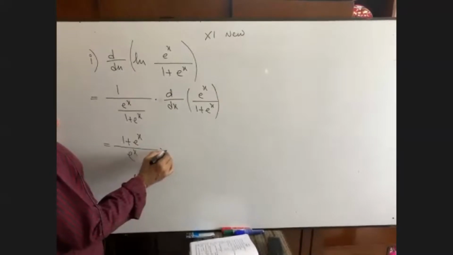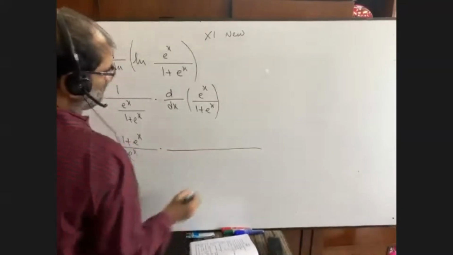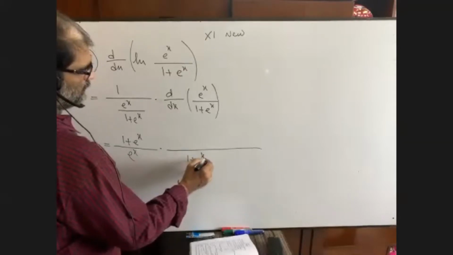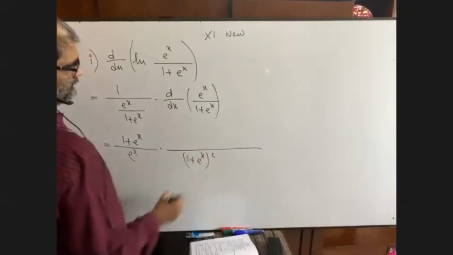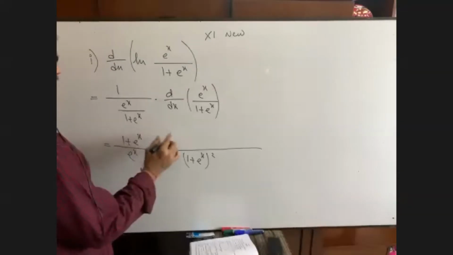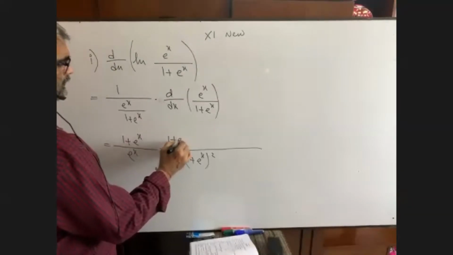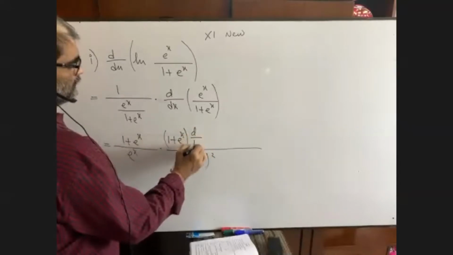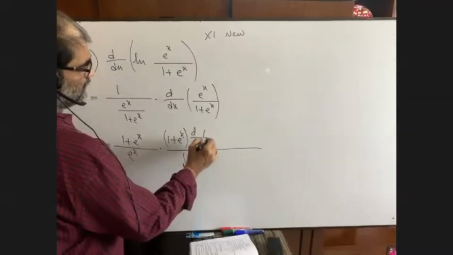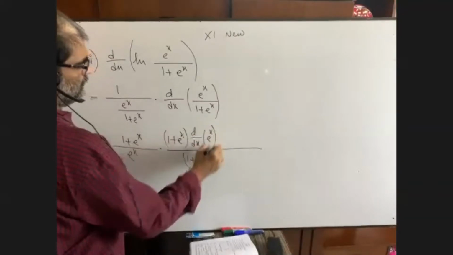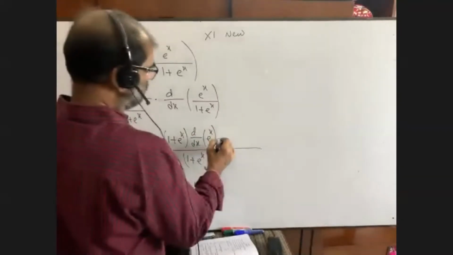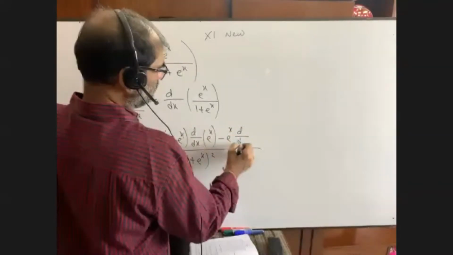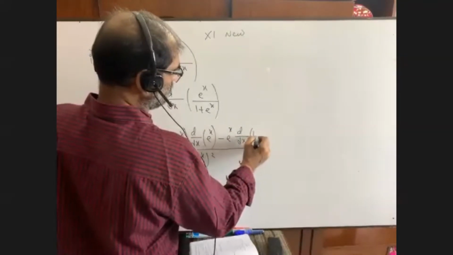Now, it is a formula: 1 plus e to the power x whole square. Then v d by dx u minus u d by dx.